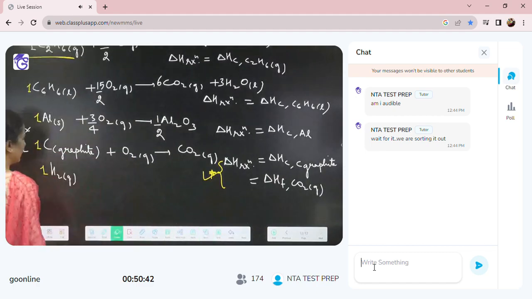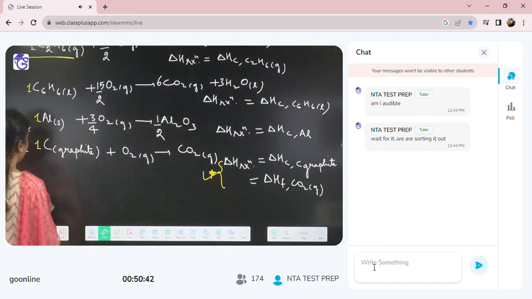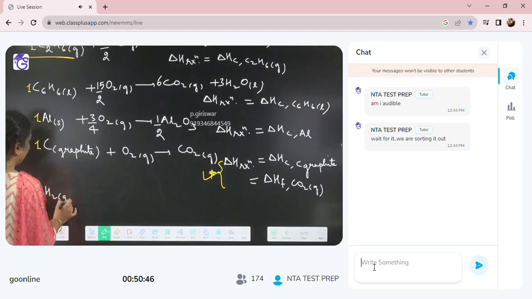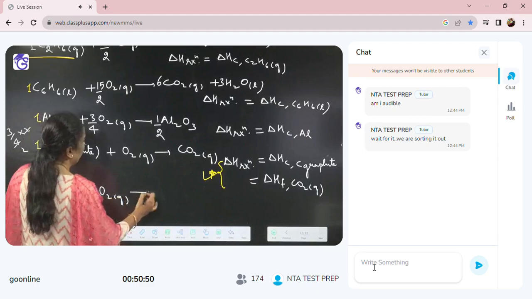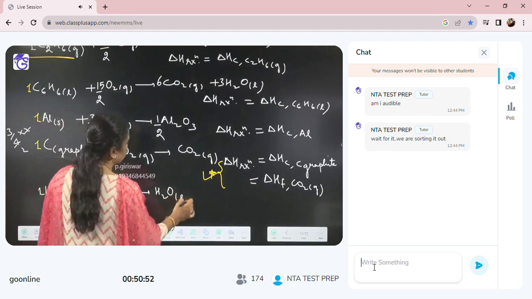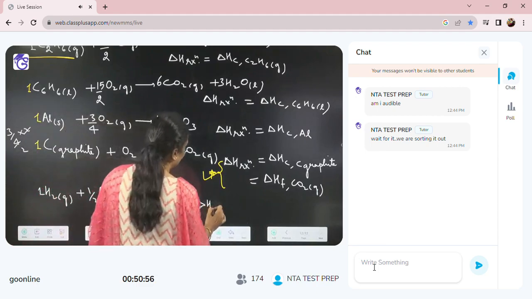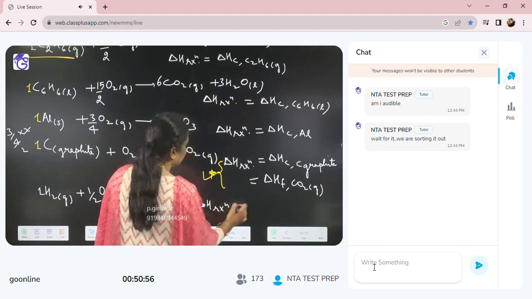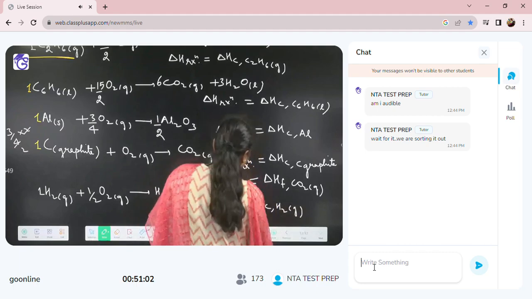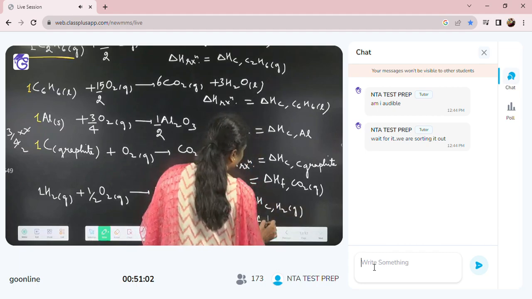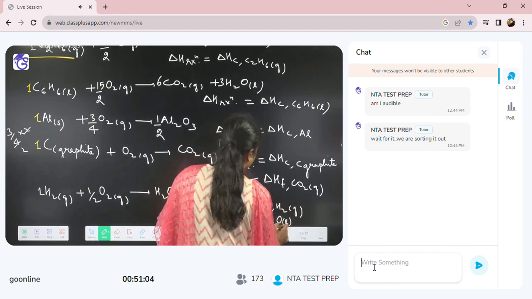So I'll write here H2 gas, 1 mole of it, plus half of O2 gas giving you H2O liquid, and delta H for this reaction is telling you the enthalpy of combustion of hydrogen gas, and also the enthalpy of formation of H2O liquid.